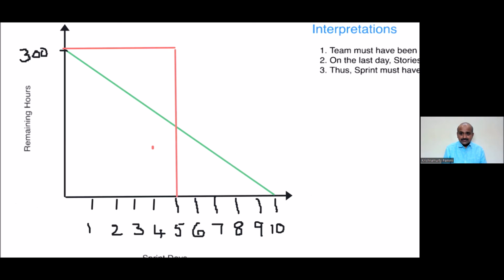Let me close the whiteboard and tell you what we have learned. By observing the pattern of the burn down graph, you can derive insights about the team's capability of doing proper design and analysis of user stories on the sprint planning day.